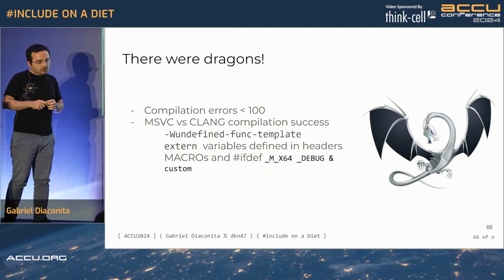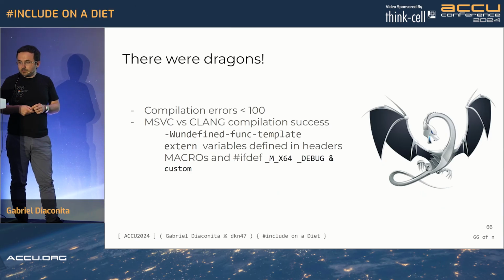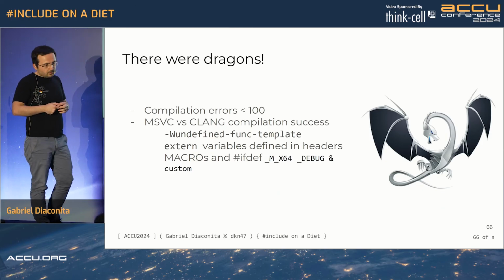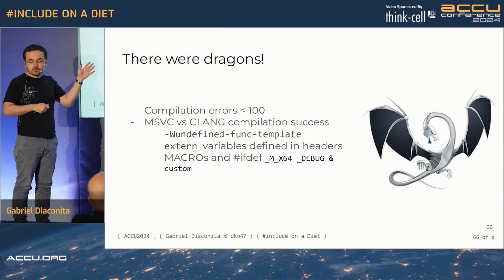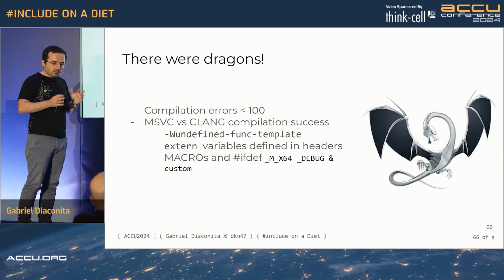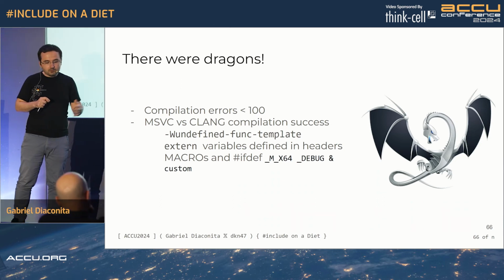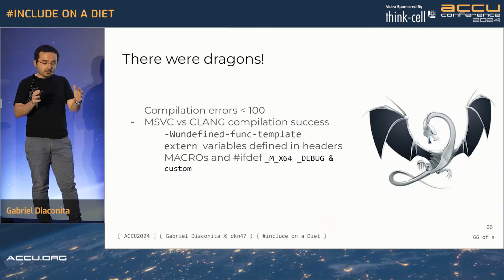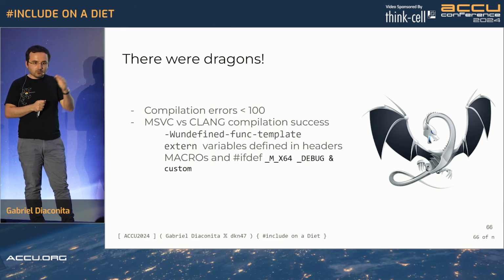One interesting example was this -Wundefined-func-template flag that you can give to Clang. We didn't use that before. Along the years we have used Clang Power Tools, we developed a set of flags that we give to Clang so that it matches as closely what we see in Visual Studio.